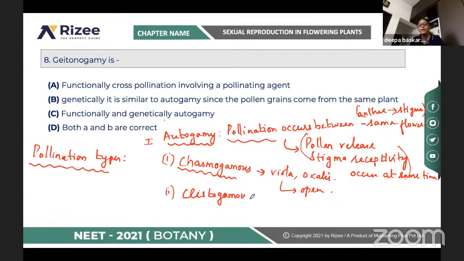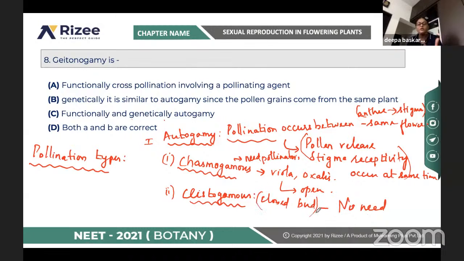So here the bud won't open. The bud is closed. So as there is no need of pollinators here, but in the first class, they need pollinators. Question can be asked. That is, chasmogamous flowers need pollinators, but cleistogamous flowers have closed buds.